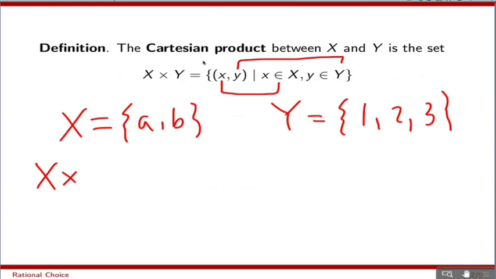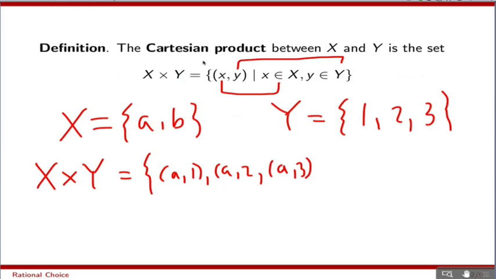Now, the Cartesian product between X and Y is the set of all ordered pairs, so all pairs where the first component comes from X and the second component comes from Y. So it's going to be the set of all pairs A1, A2, and A3, and then B1, B2, and B3. So that's what the Cartesian product is between X and Y.